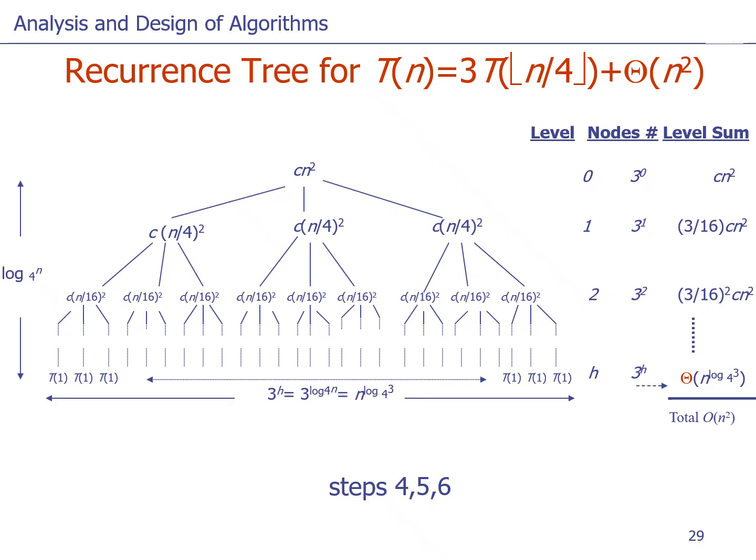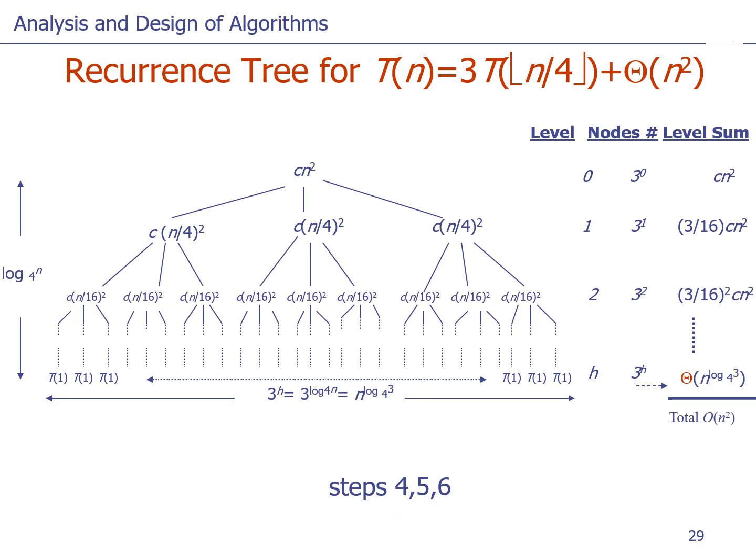Now, I will calculate the amount of work I'm doing in every level by multiplying how many nodes I have by the amount of work I do at every node. So I have n squared at the root level, level 0. I have only 1 node, so it's 1 multiplied by n squared, which is Cn squared.